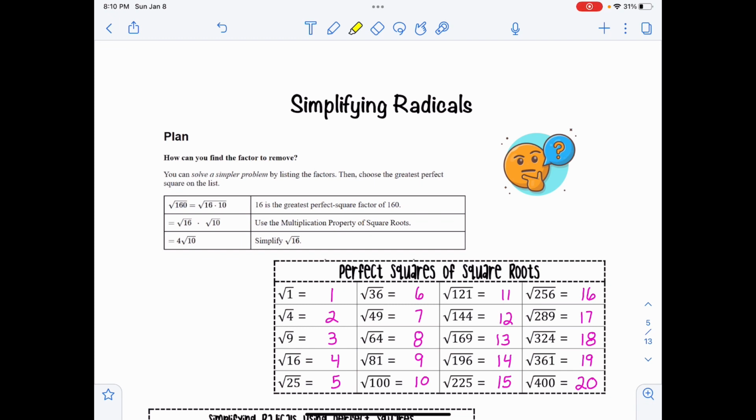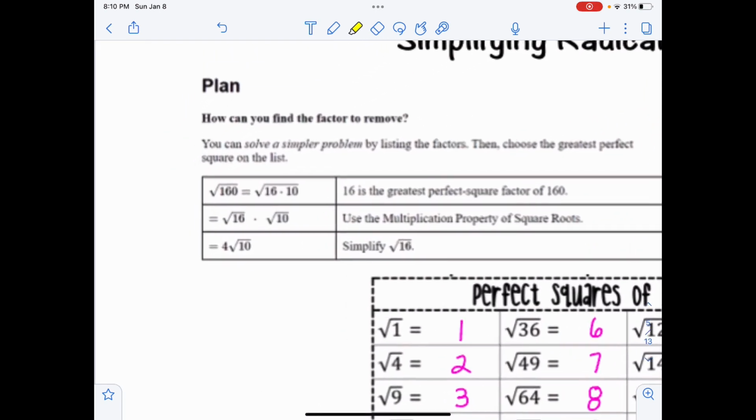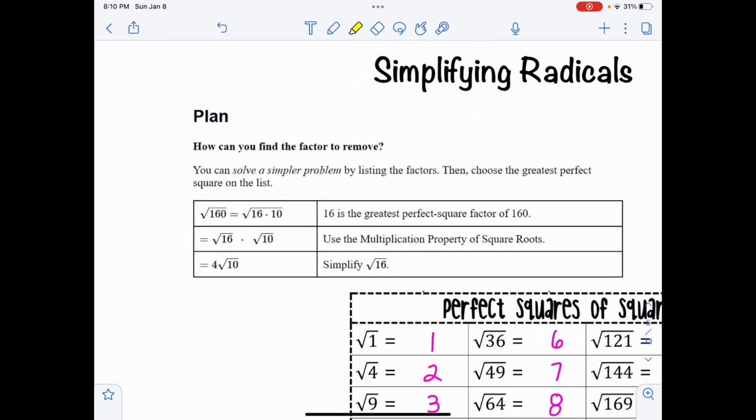So in the example here, we have square root of 160. And the 160 is broken down into 16 times 10 underneath that radical symbol. And why 16? Because 16 is the greatest perfect square factor of 160.